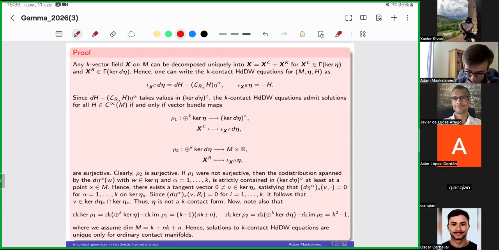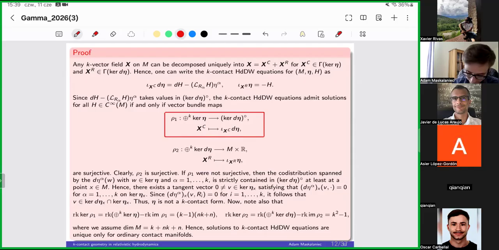So the second map is clearly surjective, and the existence of solutions of the k-contact Hamilton-de Donder-Weyl equations for any Hamiltonian H is essentially equivalent to the surjectivity of the first map, rho 1. Okay? So what remains to prove is that this rho 1 is surjective.